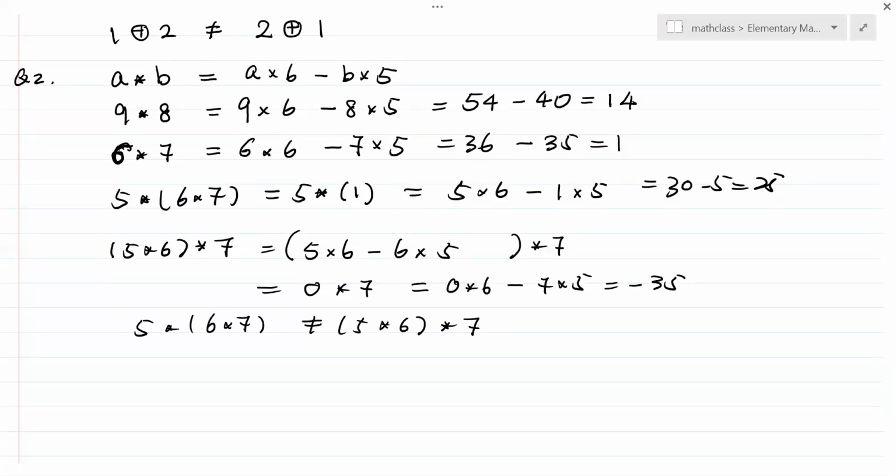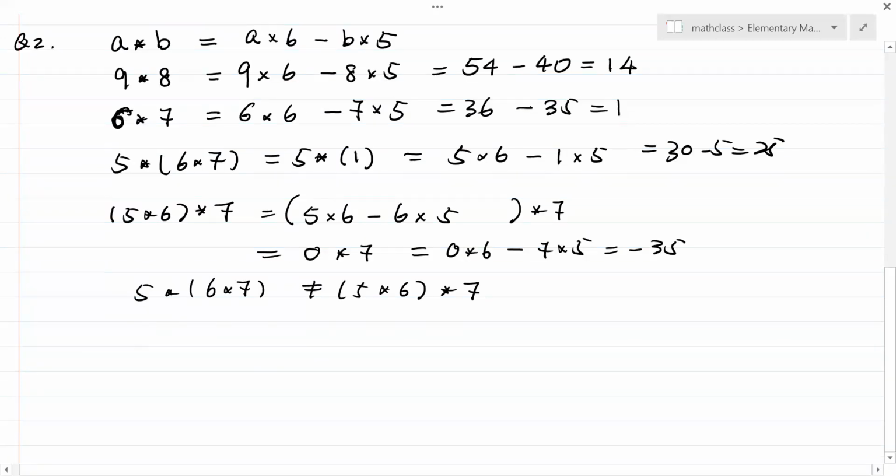Those are the new operations, and they behave quite differently. You can see that these two are different. One is 25, this is negative 35, so they're not equal.